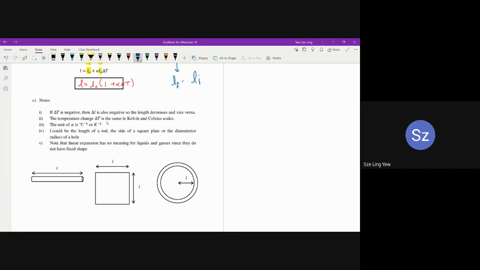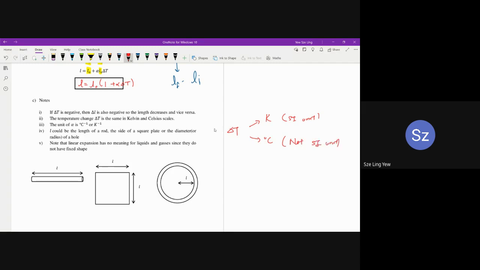So the temperature change is the same in Kelvin and Celsius scale. Therefore, it doesn't matter whether you use K, Kelvin, or degree C for delta T, because the value is the same. But when it comes to chapter 14, if you're just looking at temperature, not the temperature change, then you must use Kelvin in your calculation, because Kelvin is the SI unit and degree C is not the SI unit.